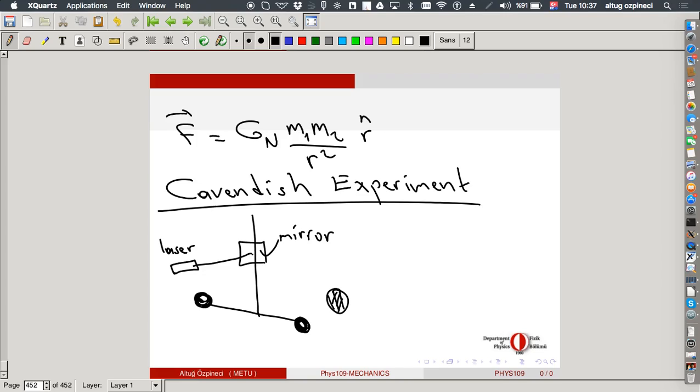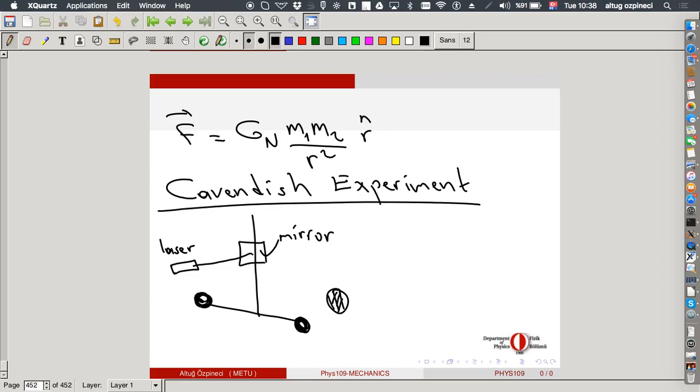For example, in the case of the electromagnetic force, we know that it has this 1 over r squared behavior up to distances of the order of 10 to the power minus 18 meters. If two objects are close at the level of 1 part in 10 to the power 18 meters, then we know that the electromagnetic force is still 1 over r squared.